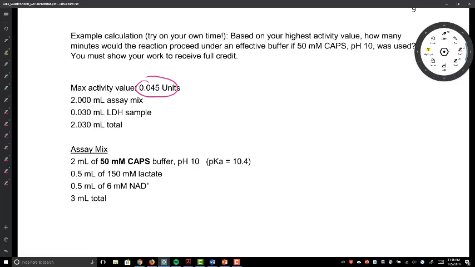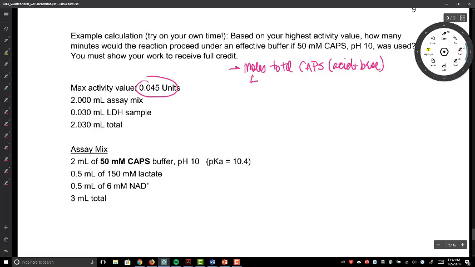Okay, so again we have 50 millimolar CAPS at pH 10. So to solve this problem, we need to find the moles of total CAPS. So this is CAPS acid and base. And we can get this from the concentration of CAPS and the volume added.